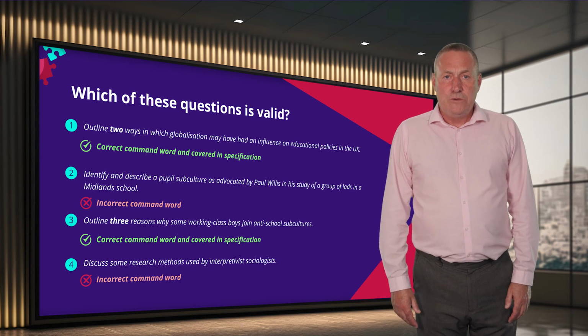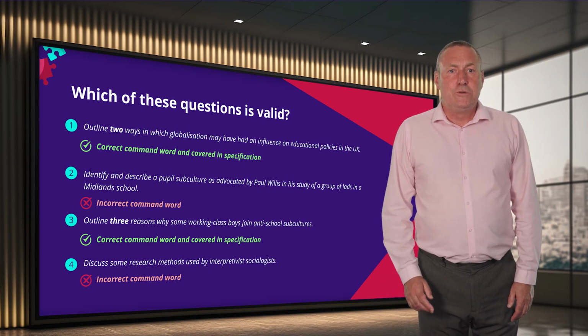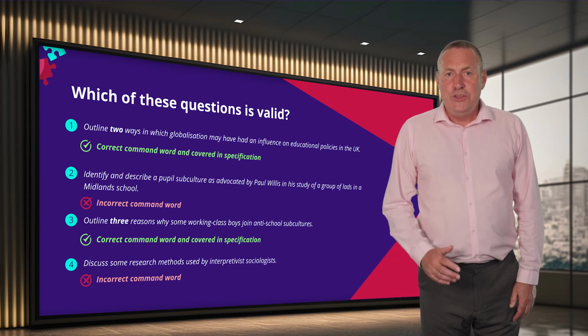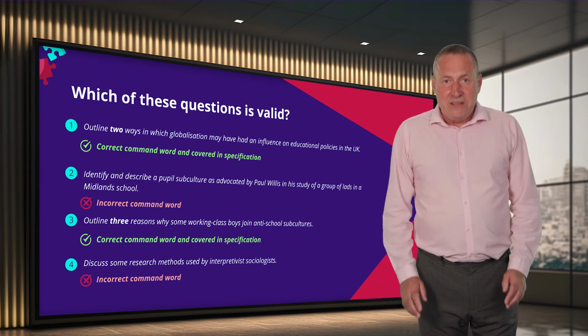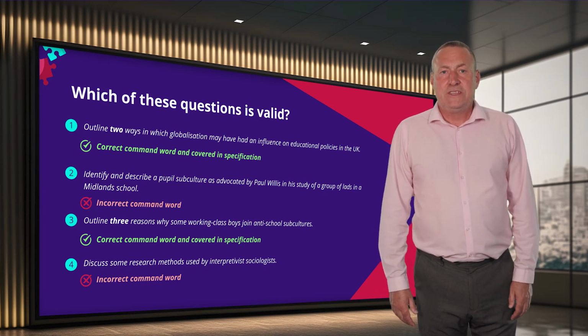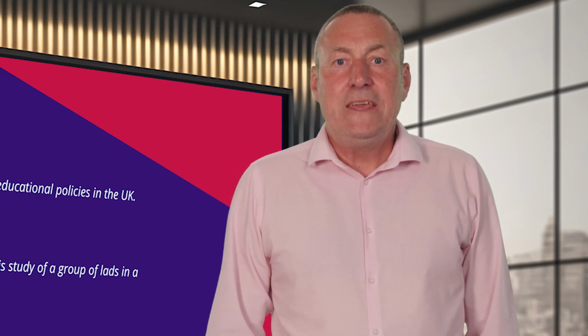Also worthy of note is that the sociological concept term used in a question must be within the specification content. Those that are not valid questions would be if changed accordingly.